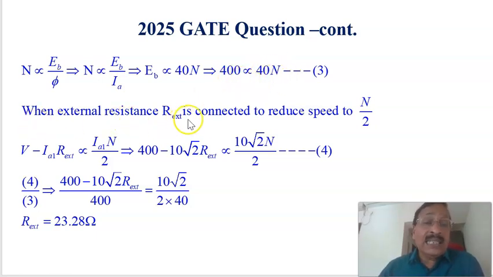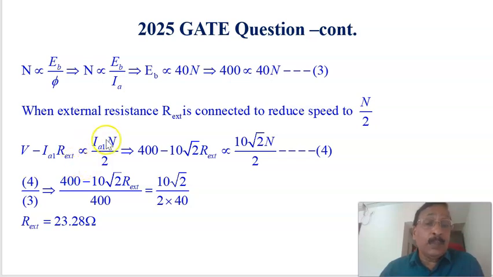Now, in order to reduce the speed to half, we are adding an external resistance. R external is connected to reduce the speed to N by 2. Under that condition, applying this equation, N is proportional to EB by IA1. Since we are adding a resistance here, EB is given by the terminal applied voltage minus the drop across the resistance, IA1 into R external.